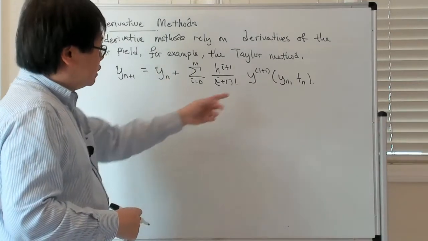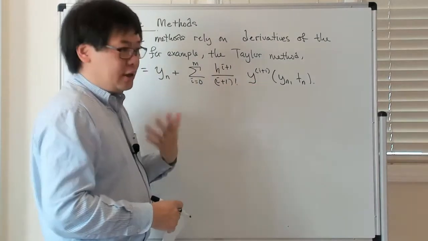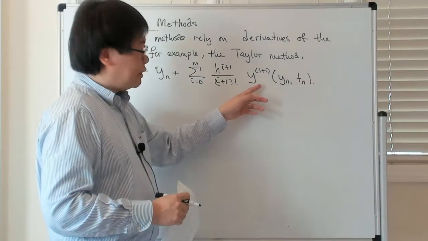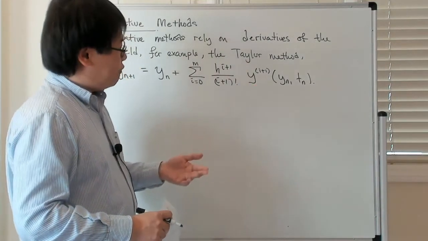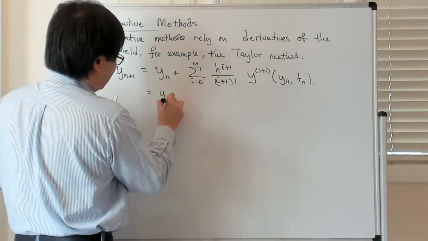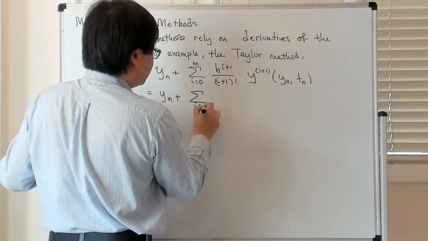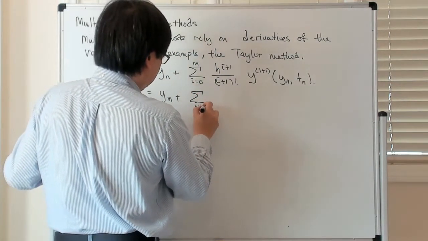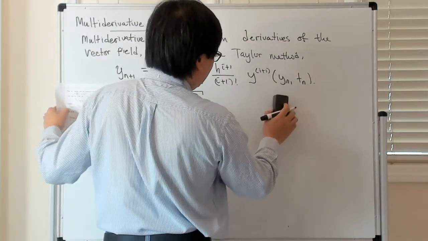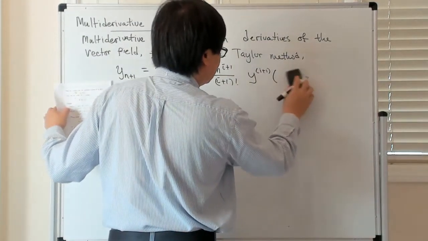And then, of course, now you have this problem that you have derivatives of y, and you don't know what y is. So what you do instead, of course, is that you use the fact that you know that y dot is f of y and t, and so you can rewrite this as now derivatives of the vector field. Actually, I should just say that it's the (i plus 1)th derivative of y at the time t, right?